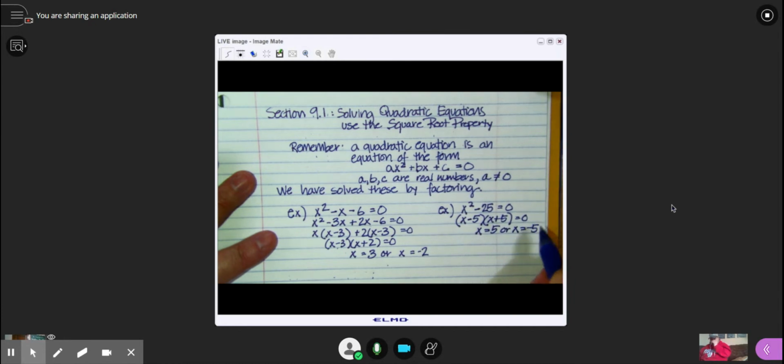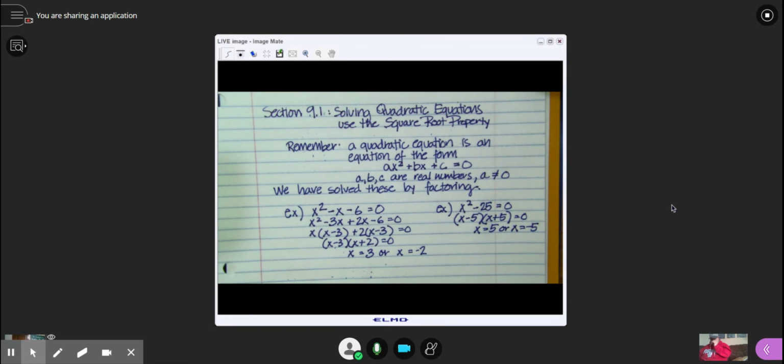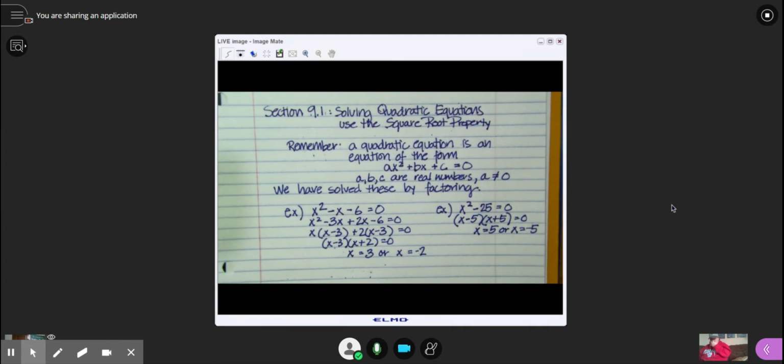So x could be a positive 5 or a negative 5. So everything we did in chapter 6 is factoring. What we're going to start talking about today are some of the other methods that we can use to solve quadratic equations.